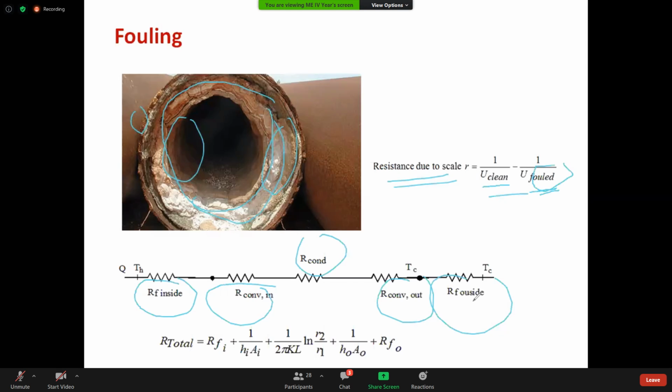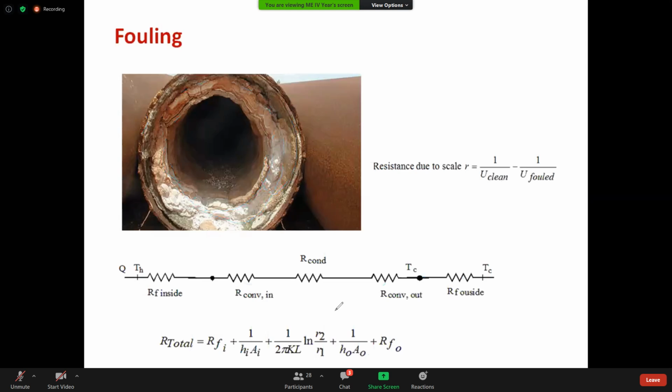So here, for R total, previously we used only this one. If there is a rust formation and that resistance is given, then you can apply this RF by RF naught, which will also be given in the problem.